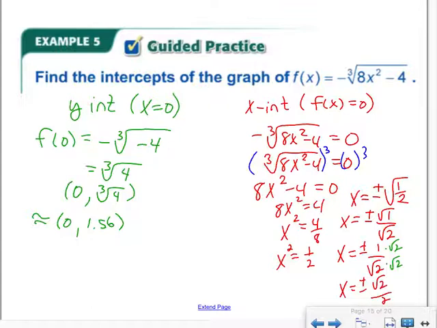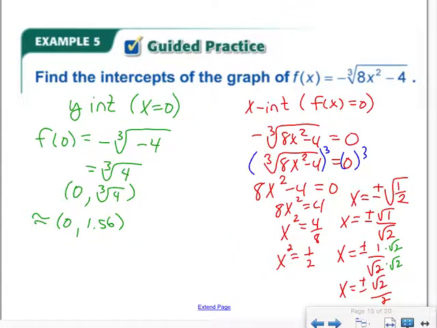So our x-intercepts are actually 2 points. Positive square root of 2 over 2, 0. Negative square root of 2 over 2, 0. And if you were to graph those, you would need the decimal value of the square root of 2 over 2, which is about 0.7. So if you were to graph it, oh, sorry, those are x's. I have them switched around.